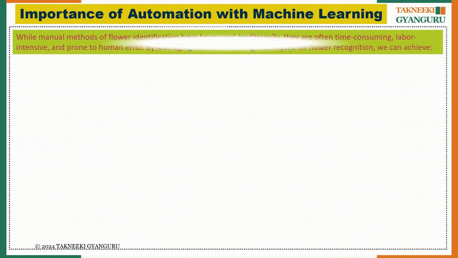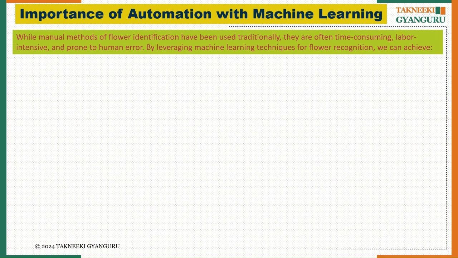Now we'll discuss the importance of automation with machine learning. While manual methods of flower identification have been used traditionally, they are often time consuming, labor intensive, and prone to human error.